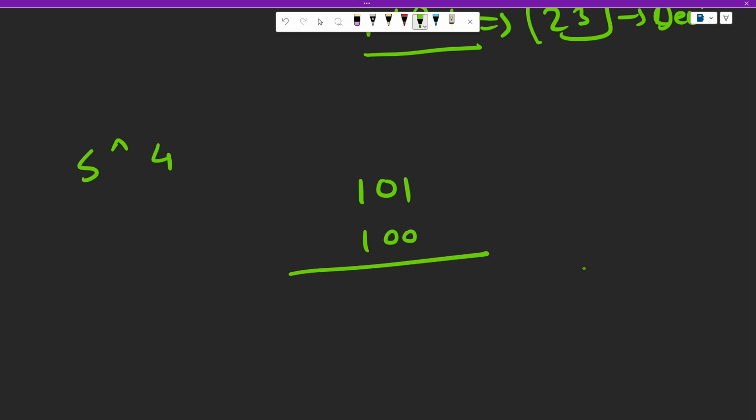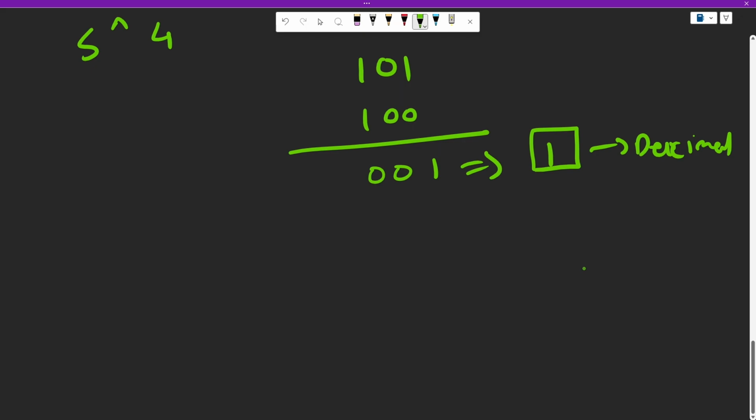Here we need to see if both the bits are different or not. In the first case it is different, so we'll get 1. This will be 0 because both the bits are the same, and this is also 0 because both the bits are the same. So this is represented as 1 in decimal. So this is how the operations are done.